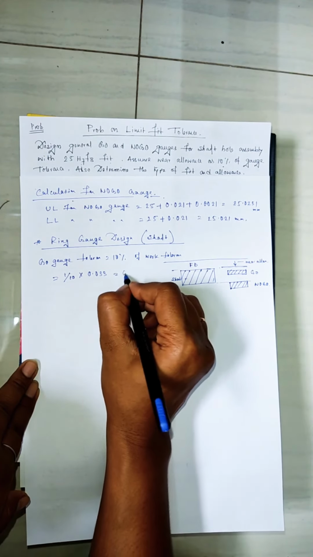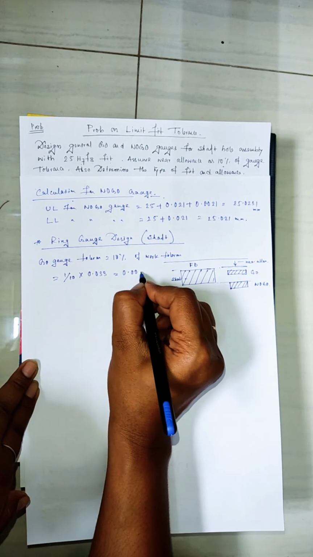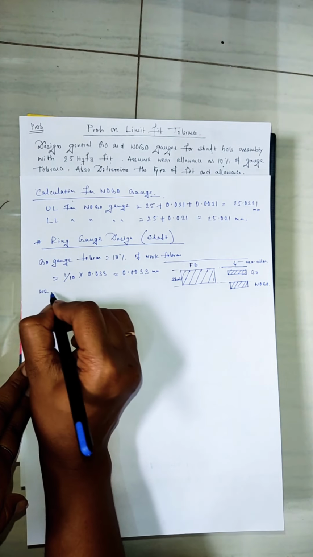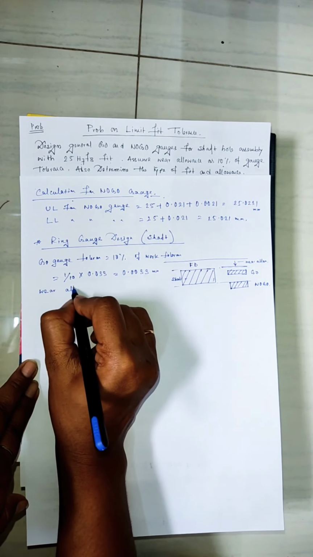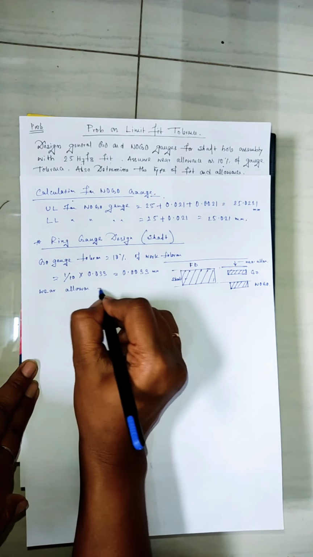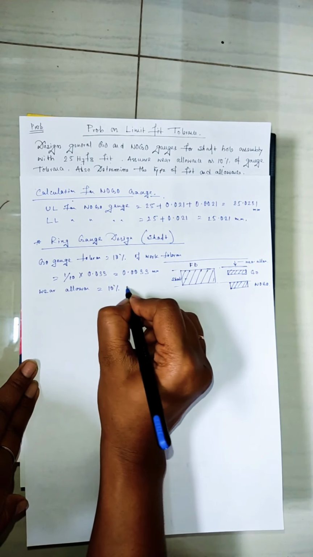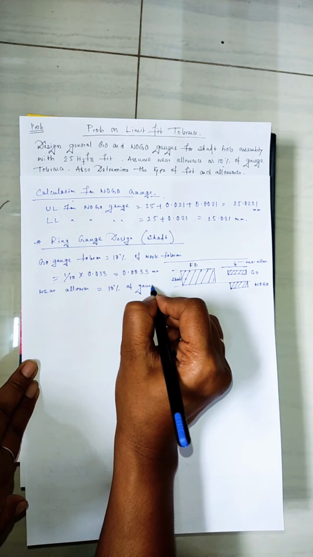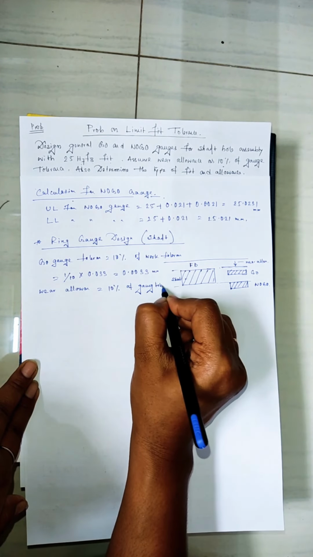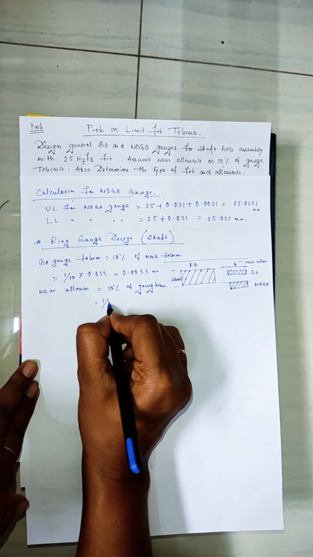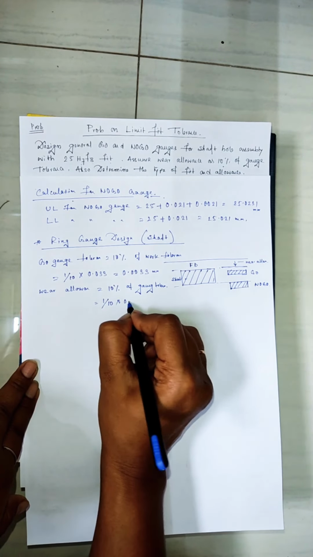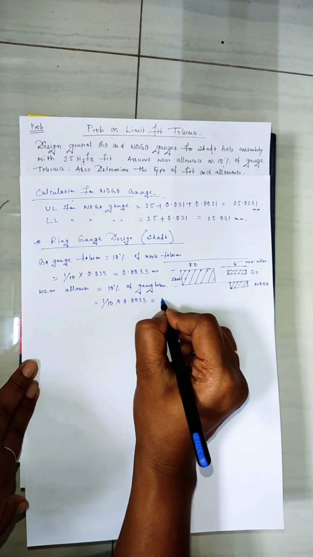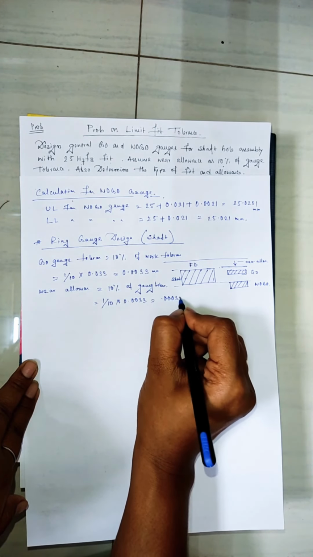So that is equal to 0.0033 millimeter. So wear allowance is equal to 10% of the gauge tolerance, so 1 by 10 into 0.0033, that is 0.00033 millimeter.